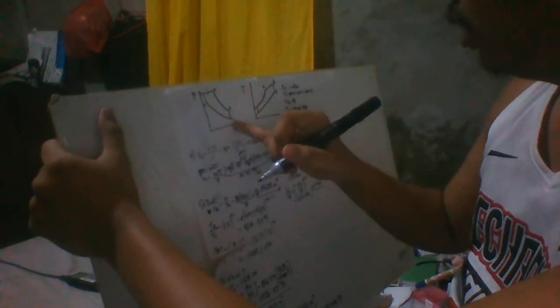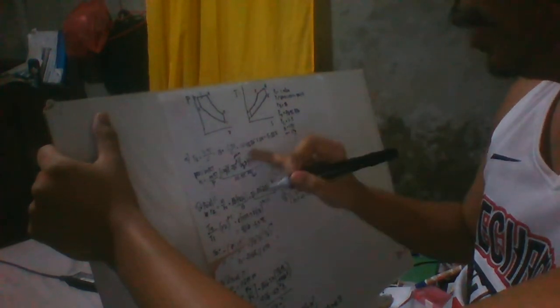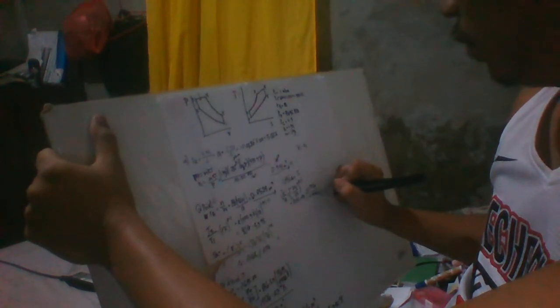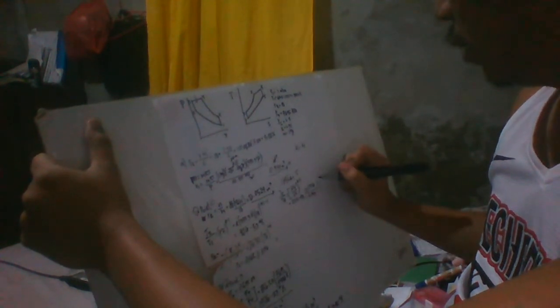As we can see in this diagram, V1 is equal to V5. So V1, 0.944, raised to 1.31 minus 1.